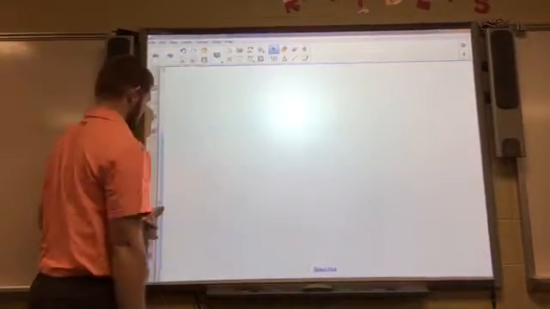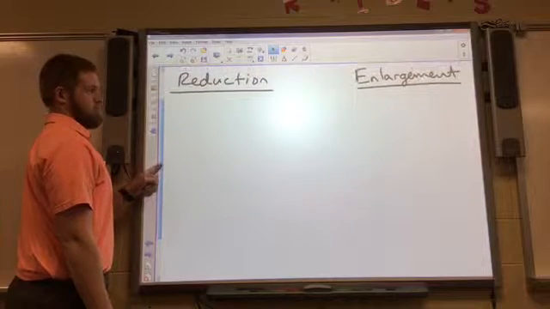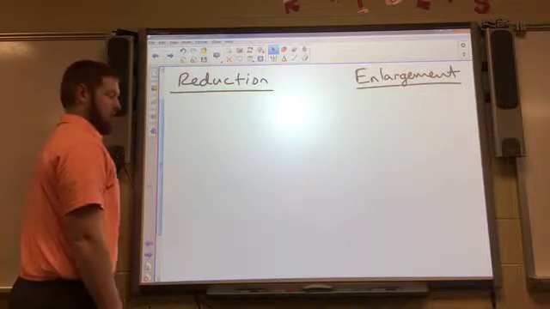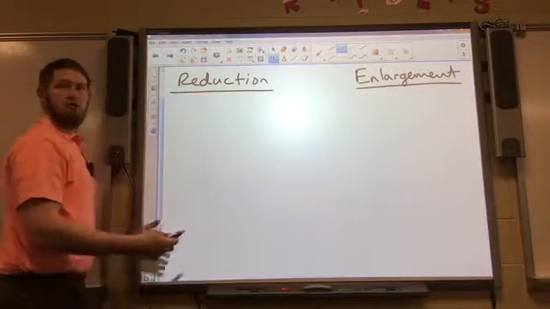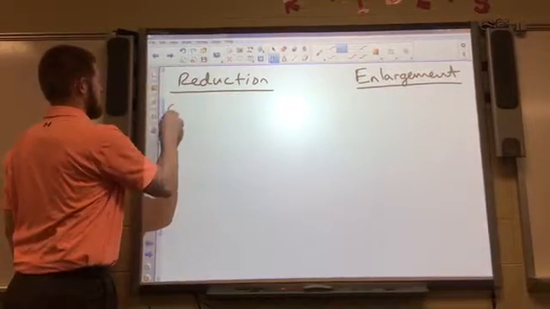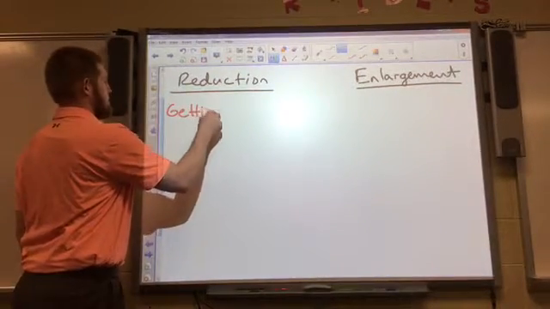With a reduction, obviously you guys have pretty good vocabulary. Reduction means what? Reduce it. You're getting smaller, right? So this one is getting smaller.